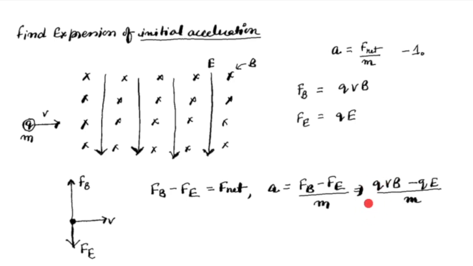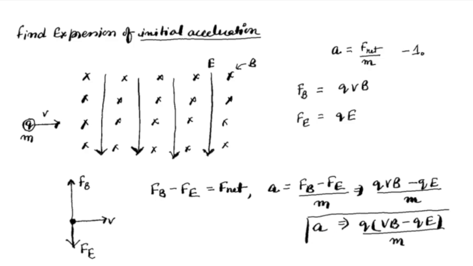If you want to make it neat, I can take q common. So it'll be q(vB minus E) divided by m. This is the acceleration expression we were trying to find. Please note it down. This is our answer.